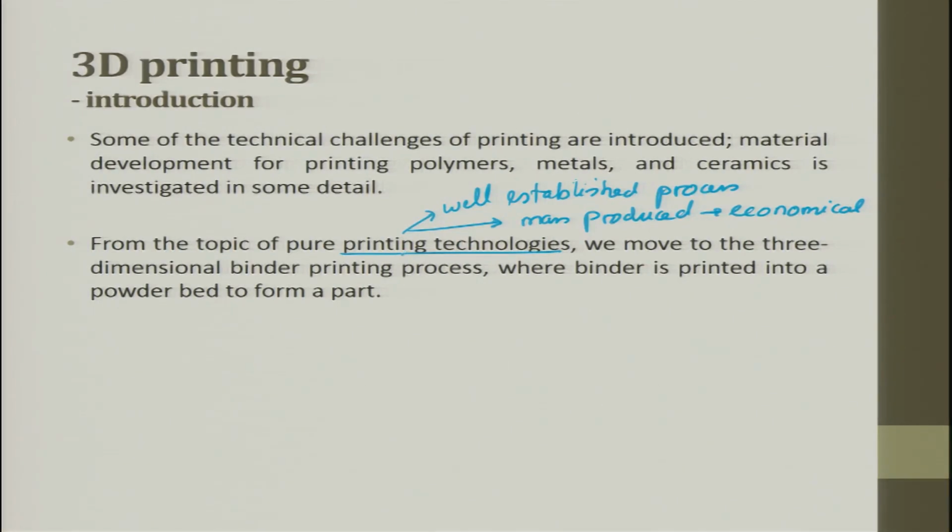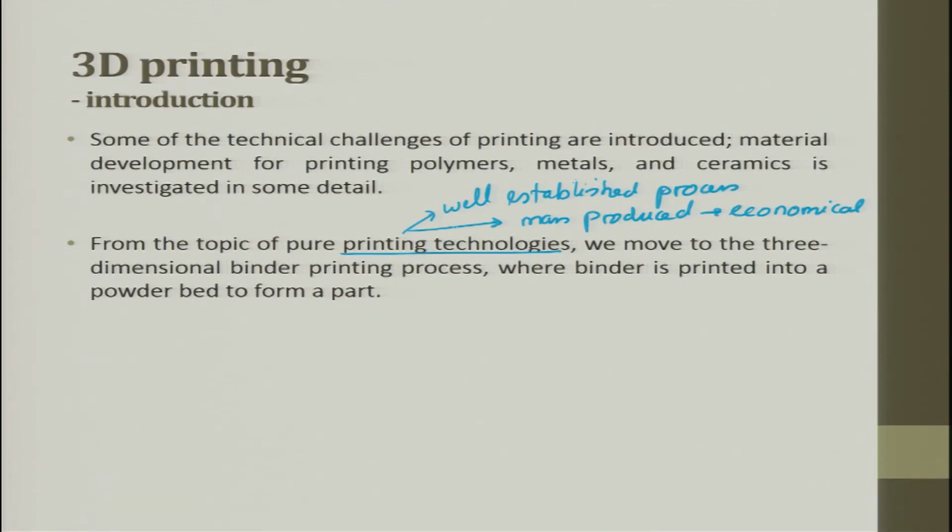Through optical fibers we have now started weaving shirts, and when light is passed through this optical fiber, it generates different colors. So printing technology has been evolving over a period of time. Today we talk about tissue printing, and we are talking about organ printing. So printing technology has gone to such a high level.